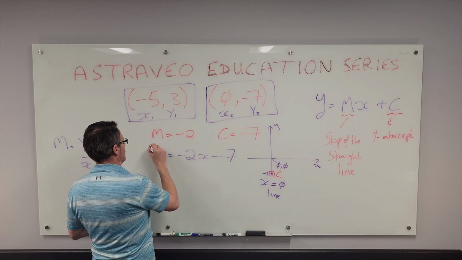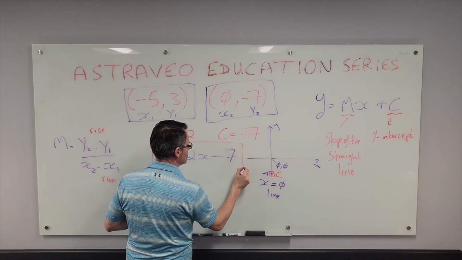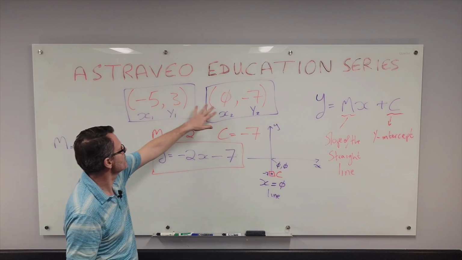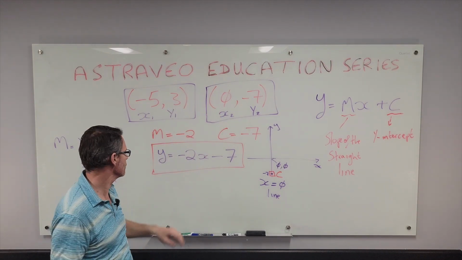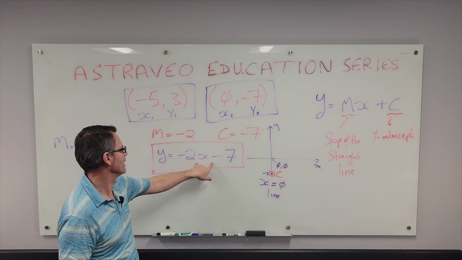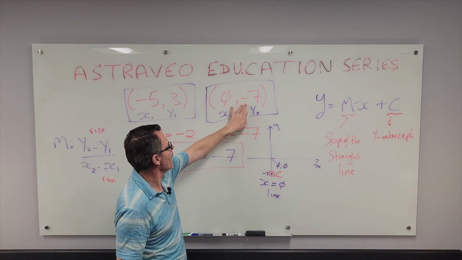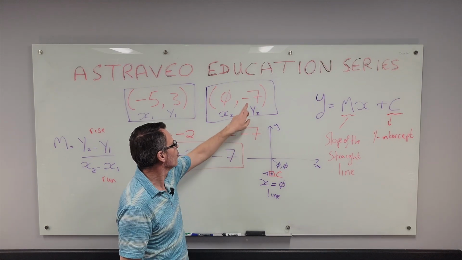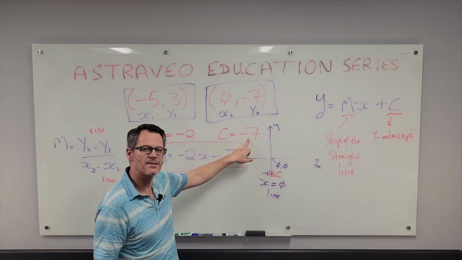That is the answer. So if you're a student and you're in school or in university or college, and you were asked to find the equation of a straight line based on these two data points, this would be your final answer. You get the y-intercept here, the x equals 0 line, that's the y-axis, automatically gives you c is minus 7.